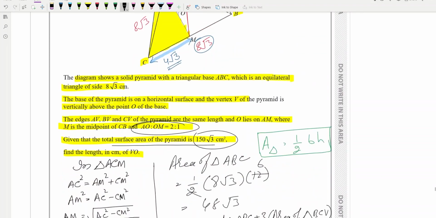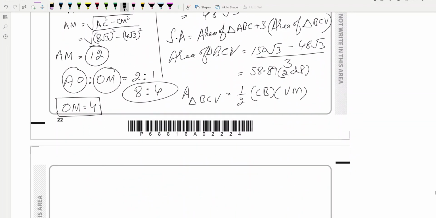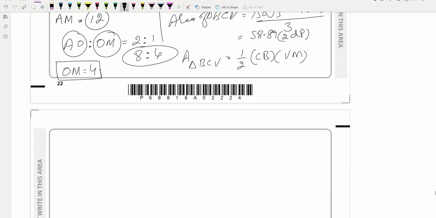So half into base into height, and now we can replace the values and we will get the area of this triangle. We already calculated 58.89, and this is equal to 1 by 2 into CB is 8 root 3, and VM will be this one.